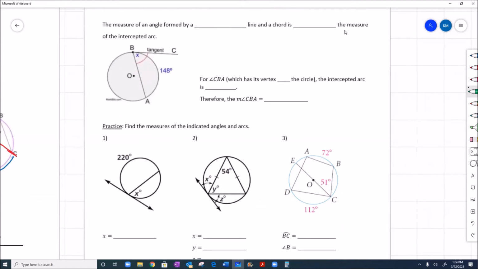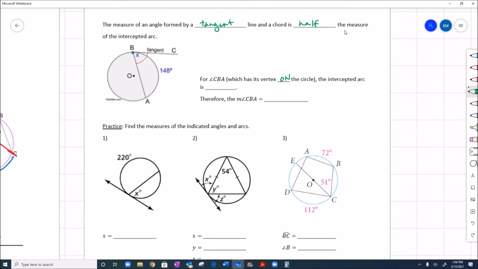Another thing we need to know is that the measure of an angle formed by a tangent line and a chord is half the measure of the intercepted arc. So for angle CBA, which has its vertex on the circle, point B is on the circle here, and BC is a tangent line.